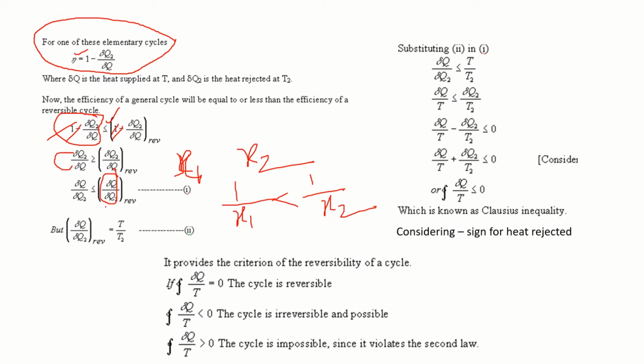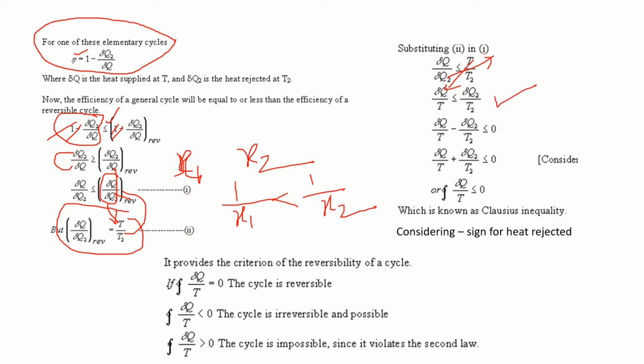This I can replace by the temperature relationship. You know the absolute thermodynamic temperature scale; from that you can replace this value. So now I'll put this here, and I'll get this. Correct. So delta Q by T, I'll bring it here, delta Q2 I'll push it here, and you will get this.